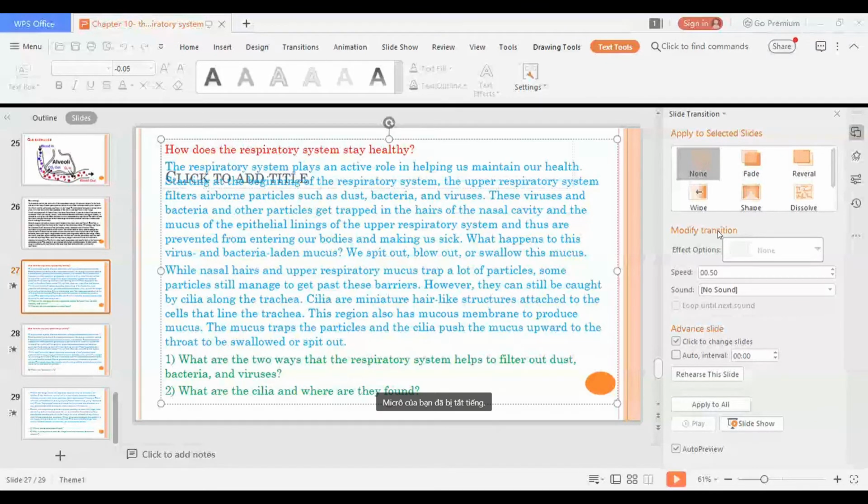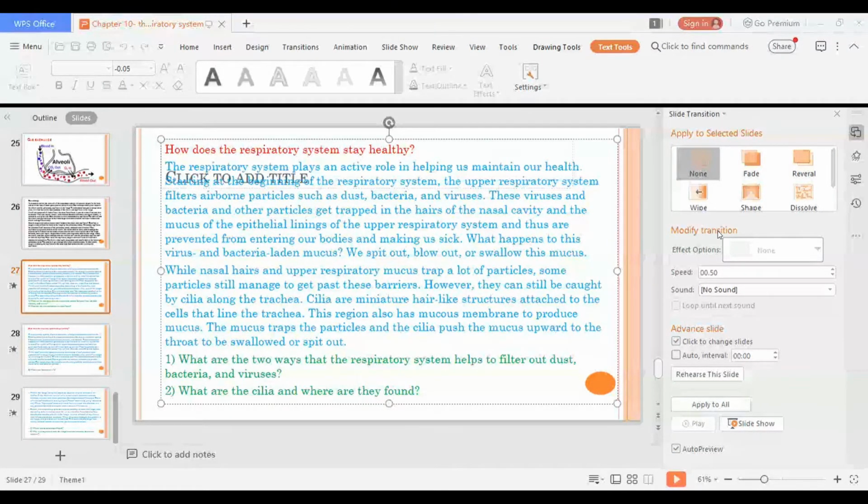Yes, I'm here. You are Huy, right? Yes. Okay, so can you answer question number two? What are the cilia and where are they found? The line number 3 in paragraph 2 is: cilia are miniature hair-like structures attached to the cells that line the trachea.